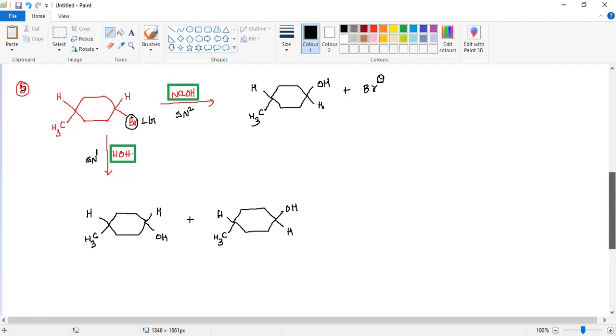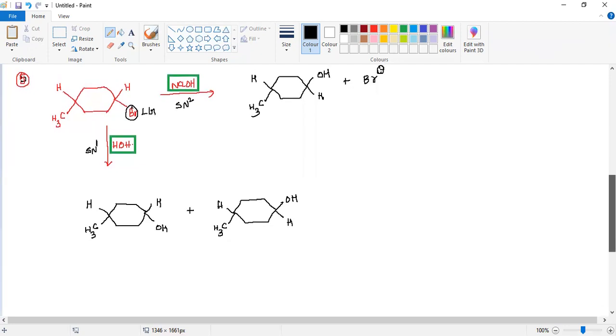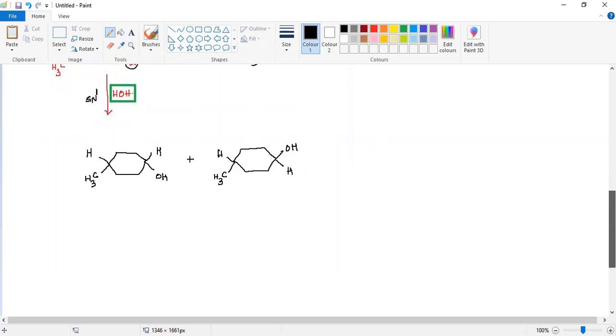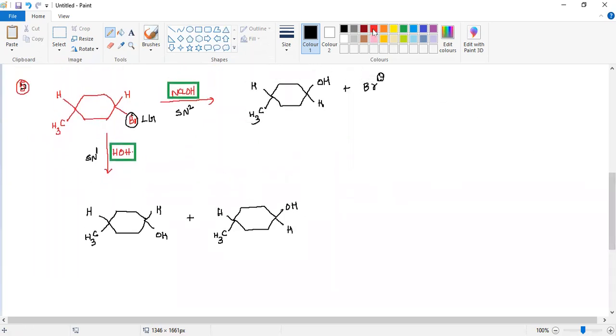Next, okay na, if you want, you can take a screenshot. Chalo, next go to the sixth example, example 6. So here what I am taking is the same as what I took in SN2, bicyclic compounds, bicyclo compounds.